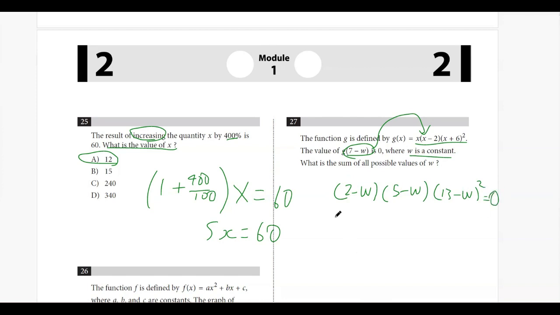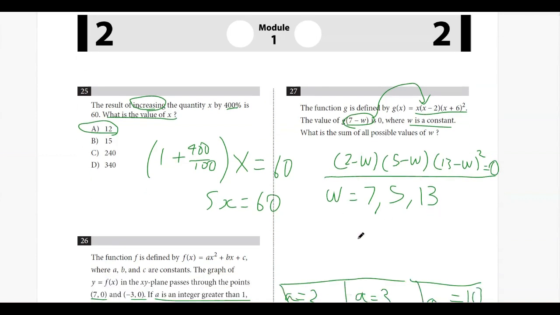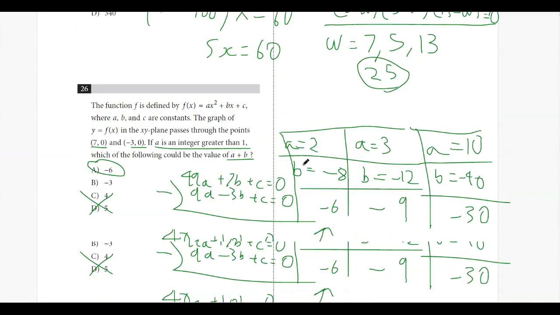So we know that if w is equal to 7, 5, or 13, then this is satisfied here. If you add all of this up, you get 25. So 25 is the correct answer for 27.